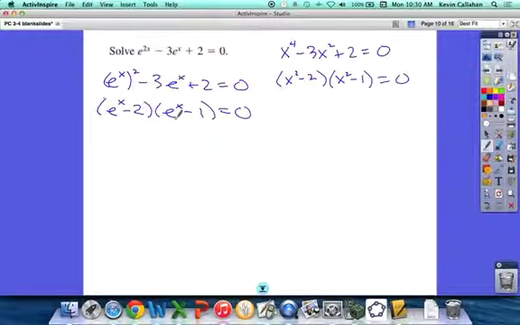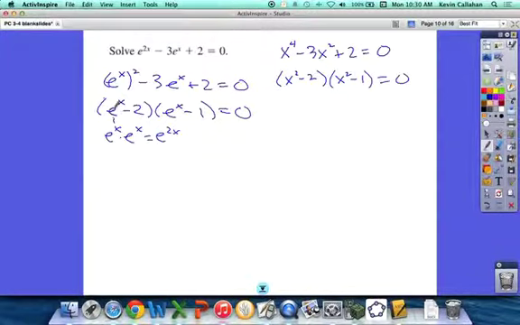What do you get if you say the first terms would be e to the x times e to the x? Remember, what do you do with the exponents? You add them, right? So that's e to the 2x. That's where that term is coming from.